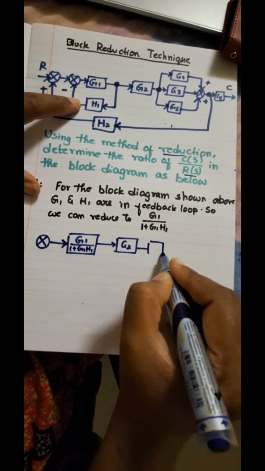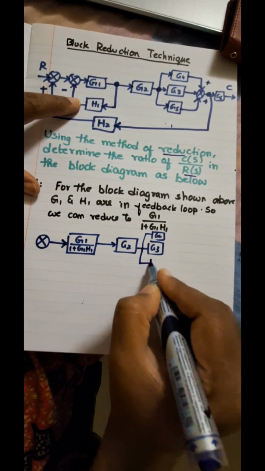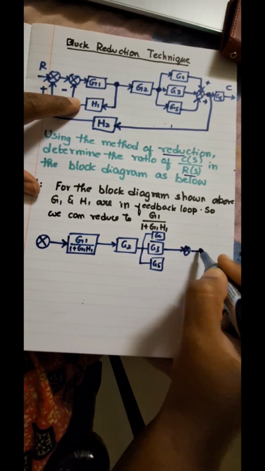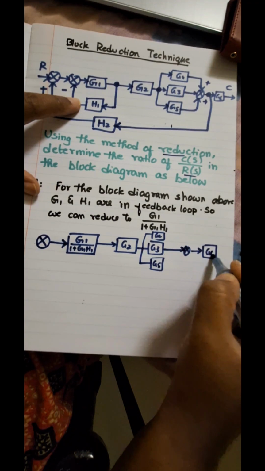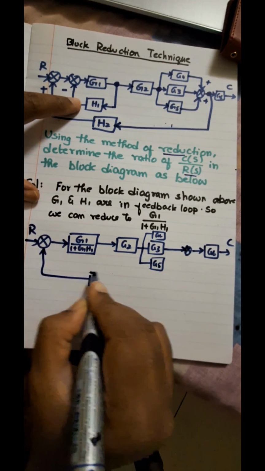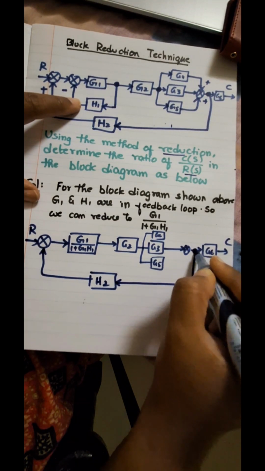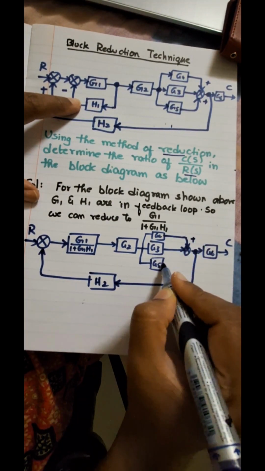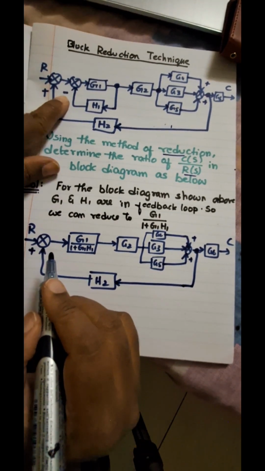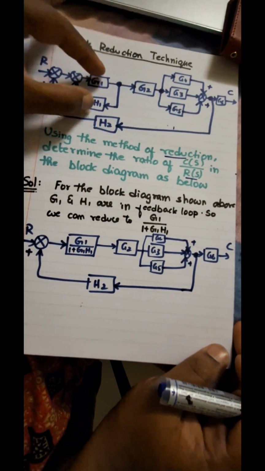From G2 you are having G3, G4, G5, going to a summation with G6. And this is C, this is R. The other feedback H2 will be the same, right? G4 is coming as plus, G5 is coming as plus. As this is minus, we wrote it as 1 plus. So now this much block has reduced to small.